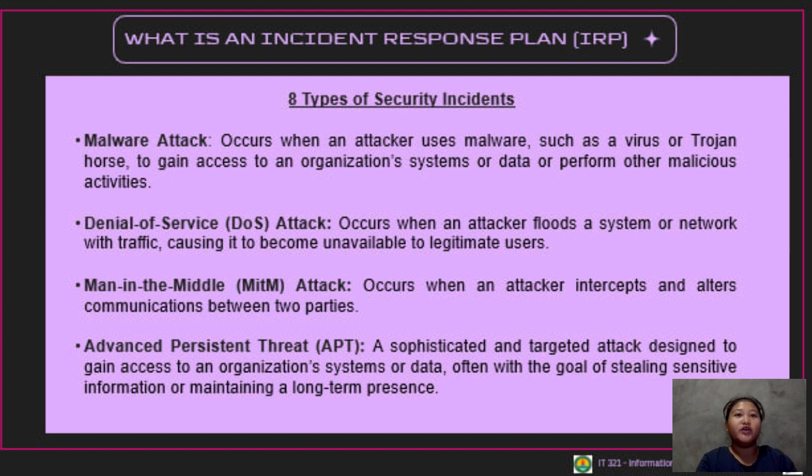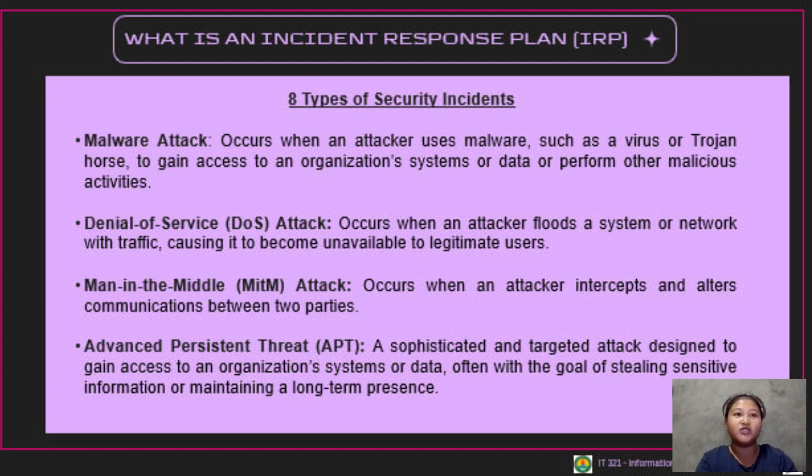Fifth, malware attack. Occurs when an attacker uses malware such as a virus or Trojan horse to gain access to an organization's systems or data to perform other malicious activities. Sixth, denial of service attack. Occurs when an attacker floods a system or network with traffic, causing it to become unavailable to legitimate users.